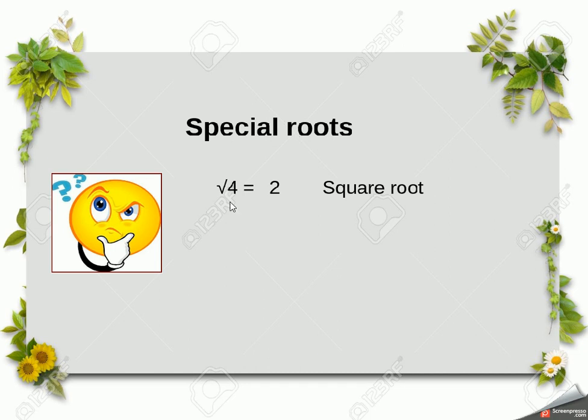And if you notice here, to show that we are square rooting something, we use this root sign. So this here is the square root of 4, and the answer is 2, because 2 times 2 is 4.